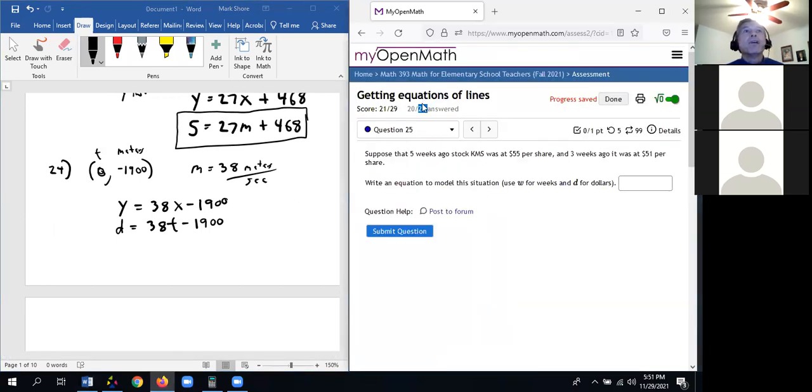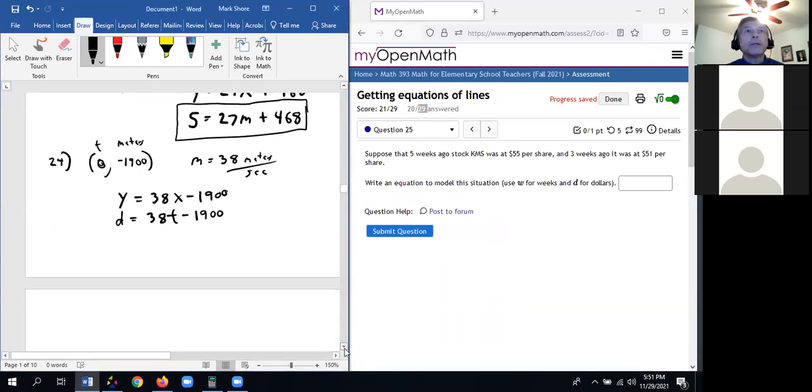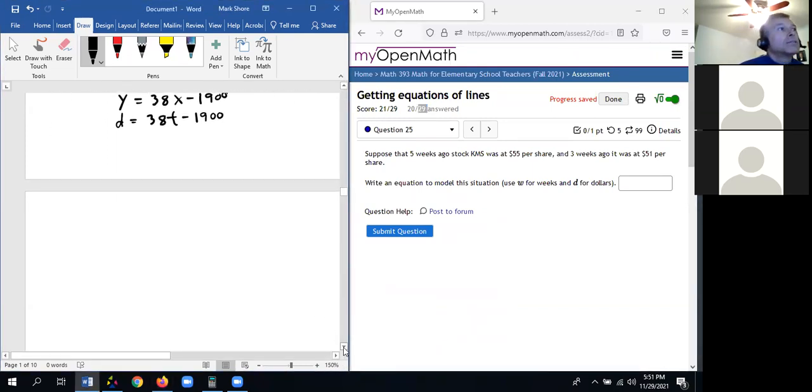So, okay. On this problem here, 25, kind of weird wording, it says, suppose that 5 weeks ago. So that sounds like, if it's 5 weeks ago in the past, I should be calling it -5. 5 weeks ago, stock KMS was at $55 per share.